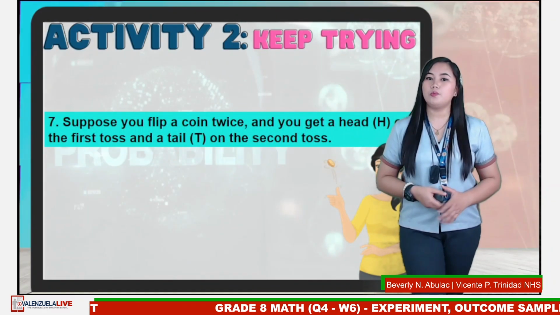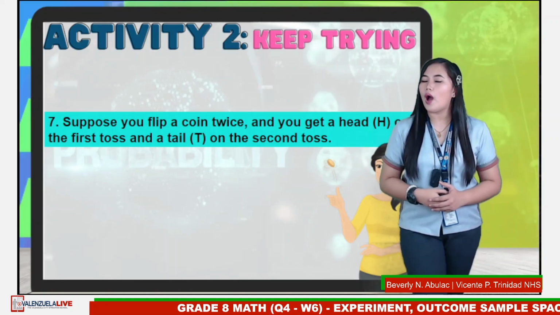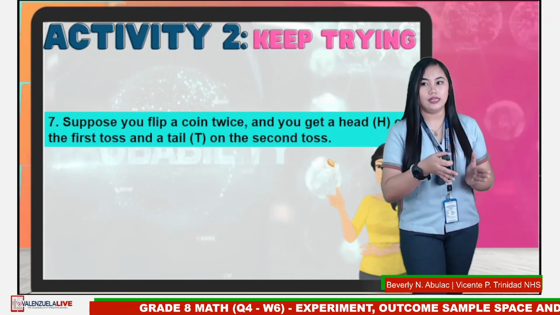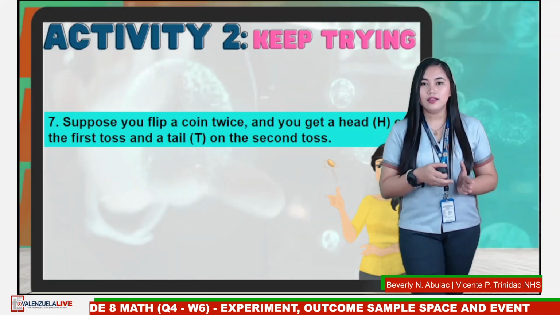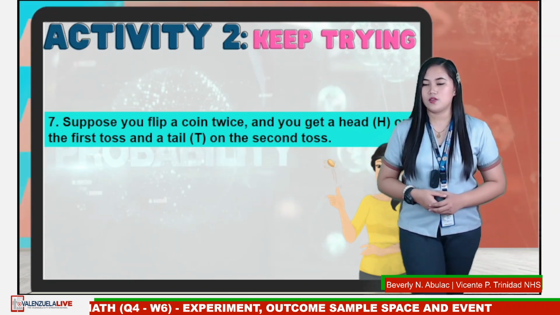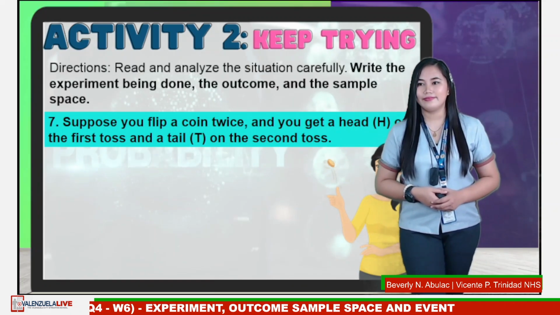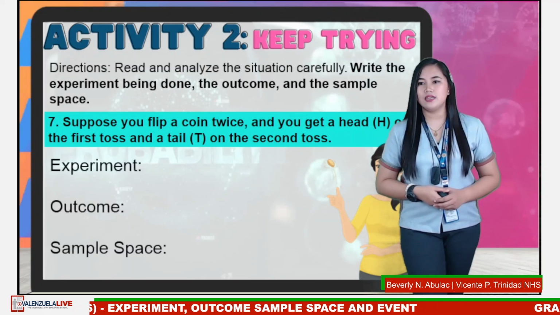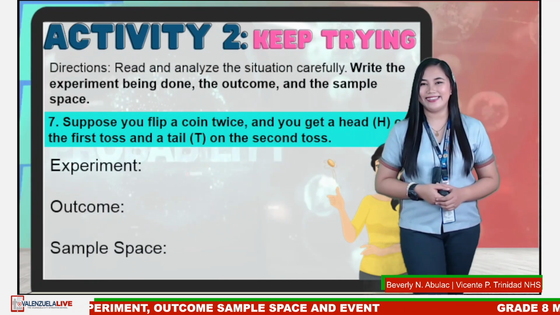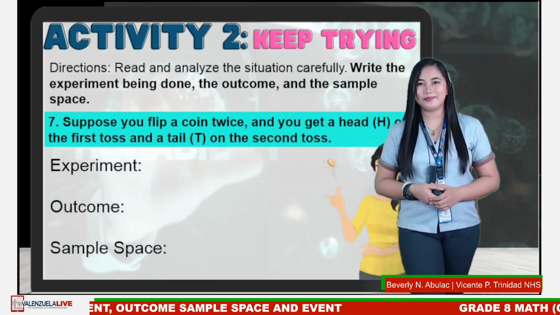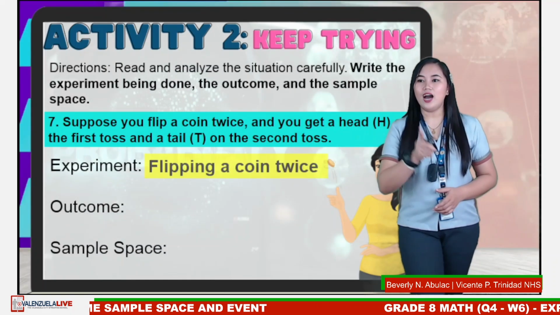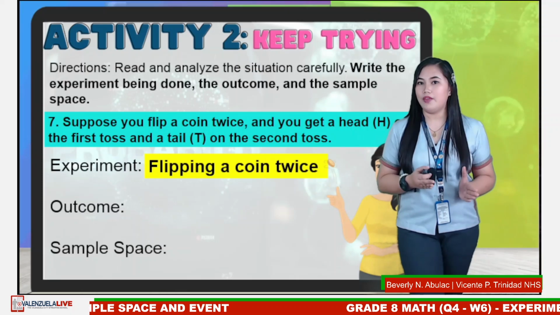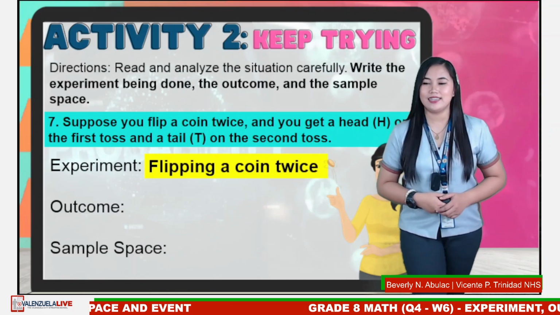Next, number 7. Suppose you flip a coin twice and you get a head on the first toss and a tail on the second toss. What is the experiment? Awesome! That is flipping a coin twice.